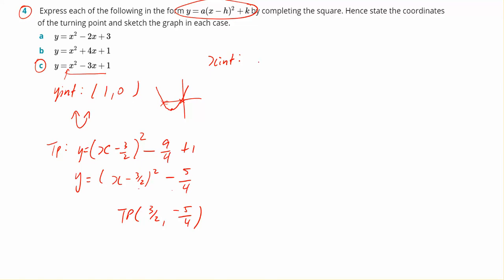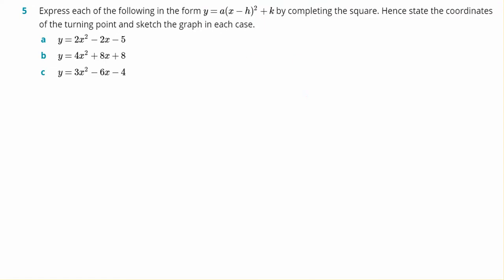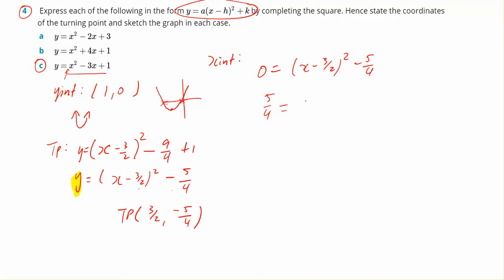So if I let y equal 0, and by y equals 0, I mean this y equals 0 in the TP form, then I just let that equal 0, and I rearrange. So 5/4 will be on the other side. I move the 5/4 to the other side, and what I do now is I square root both sides.